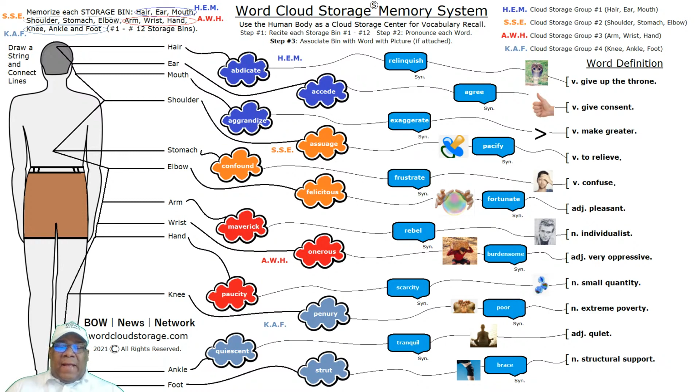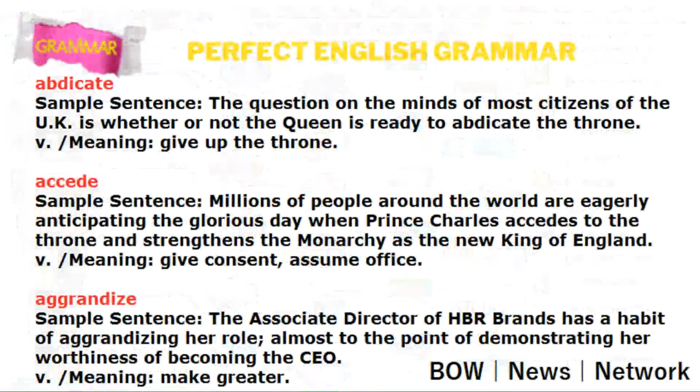So just to give you an idea, when you're filling in your vocabulary recall cheat sheet, you can look for two keywords when you start working. If we were to go to abdicate, we would probably look at one keyword being the queen, and the second keyword being the throne.